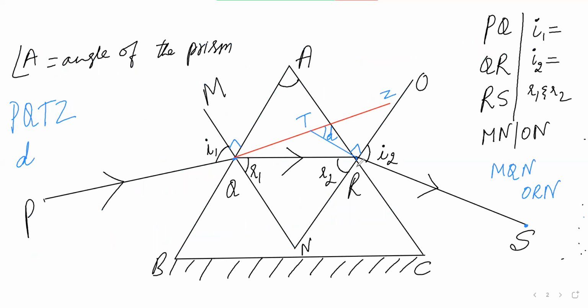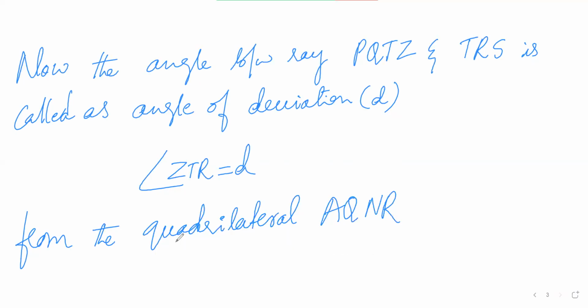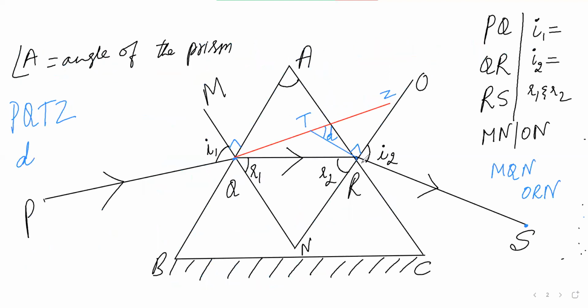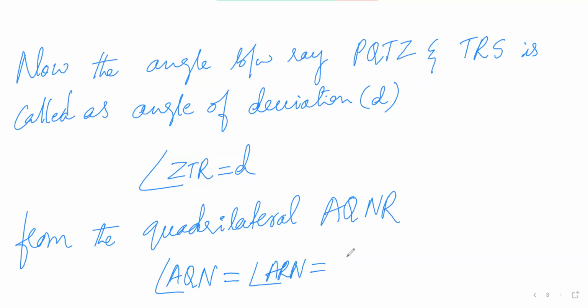Out of that, what is the angle of AQN and what is the angle of ARN? AQN equals ARN. What is the angle between them? AQN and ARN equals what? 90°, is it right?